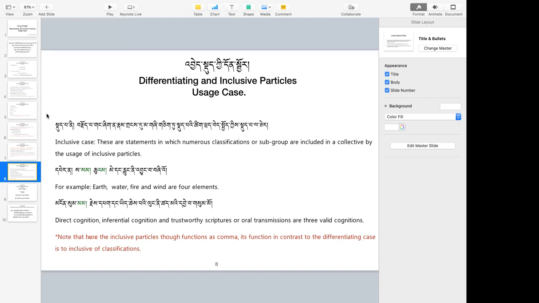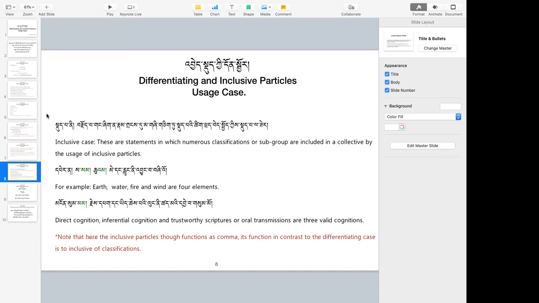Second, this separation or differentiating should be done by the differentiating particles. And these particles, since these are dependent particles, will follow each of these classifications as a name on the basis of the suffix letter.